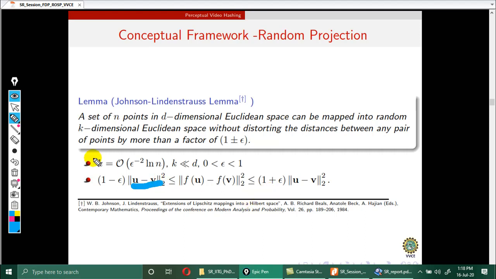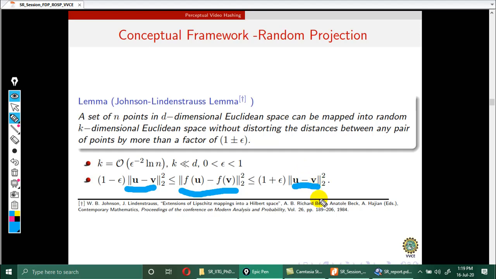Now we have f of u and f of v, the points in the low dimensional space. Again we measure the Euclidean distance between them. As per this lemma, the distance among the points in the low dimensional space is bounded, the upper bound being 1 plus epsilon and the lower bound 1 minus epsilon, times the distance between the points in the high dimensional space.